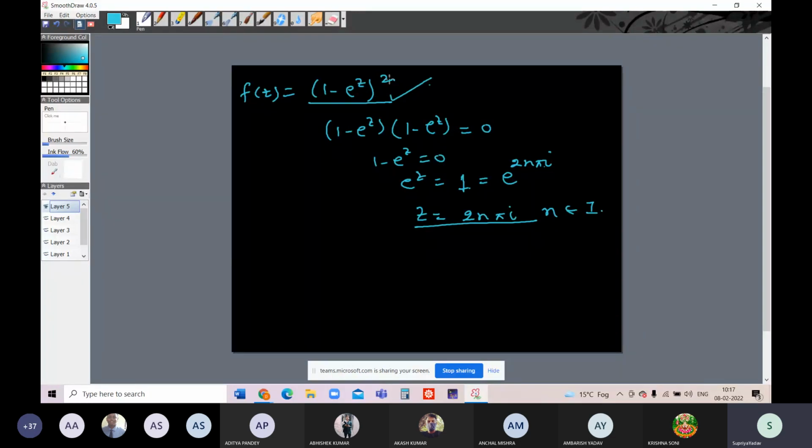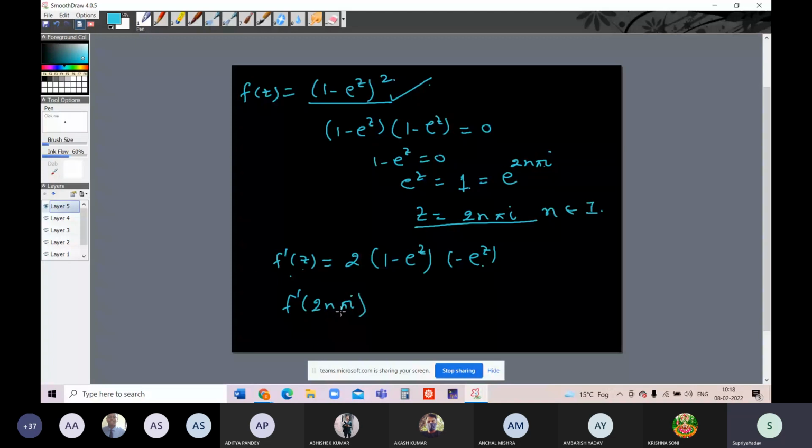f(z) = (1 minus e to the power z) squared. But you can see here that when we take its derivative f'(z), it will be 2 times (1 minus exponential z) times minus exponential z. So if we substitute z = 2n pi i, f'(2n pi i) is again 0.